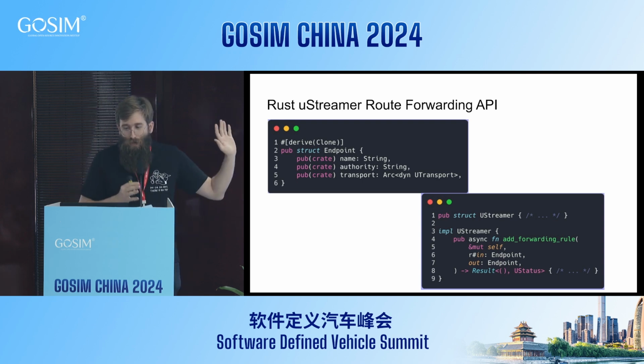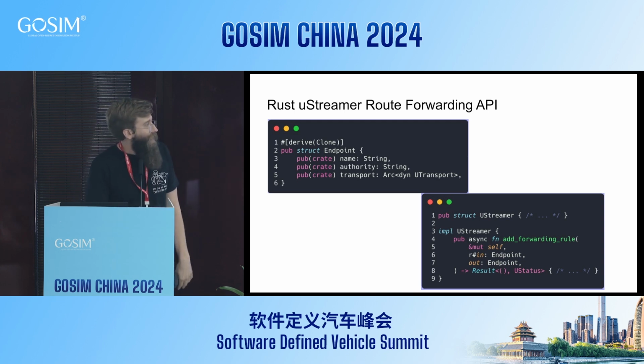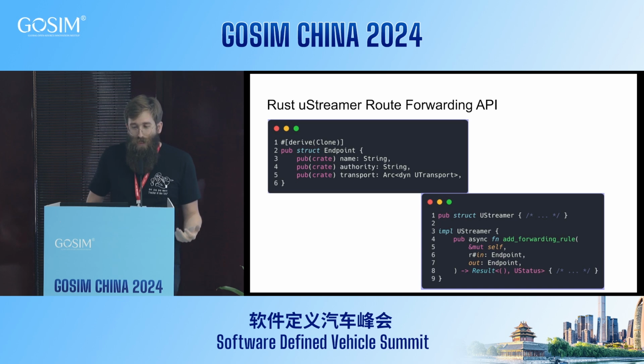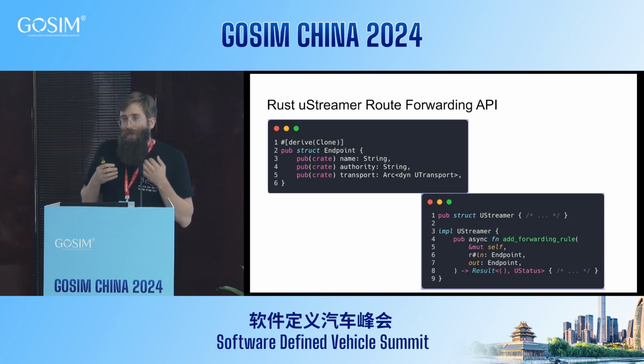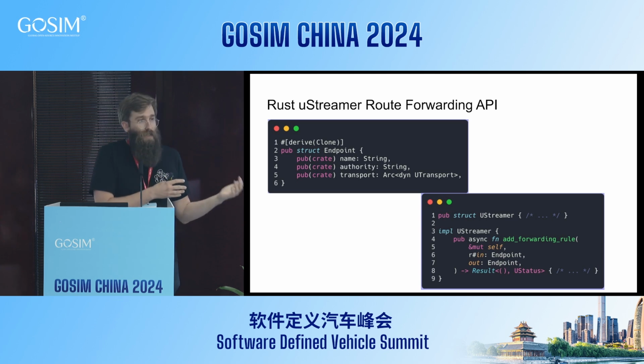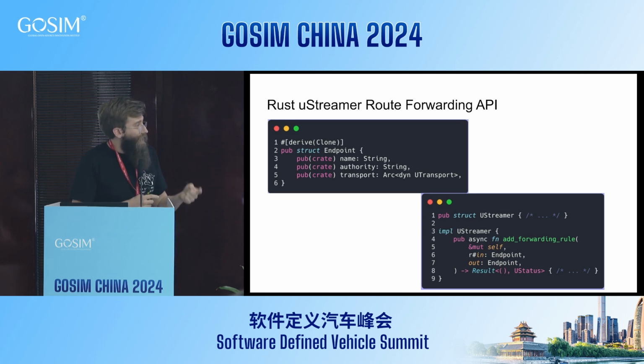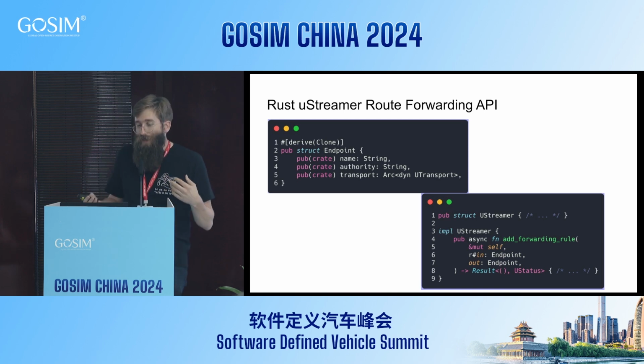So I won't show a ton of code here, but I'll give the flavor of things and why this is useful and handy. For example, I'd mentioned earlier that the uStreamer can use any transport that you've written. Here I'm showing an endpoint and a uStreamer, where the uStreamer takes in an in endpoint and an out endpoint, and that tells us how we forward from the in to the out.